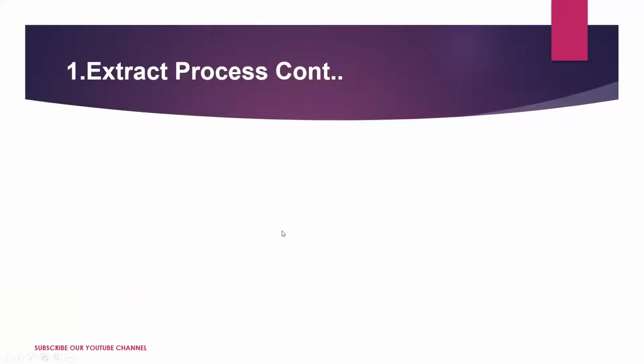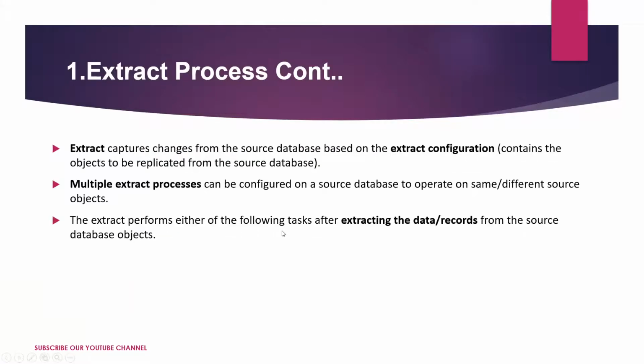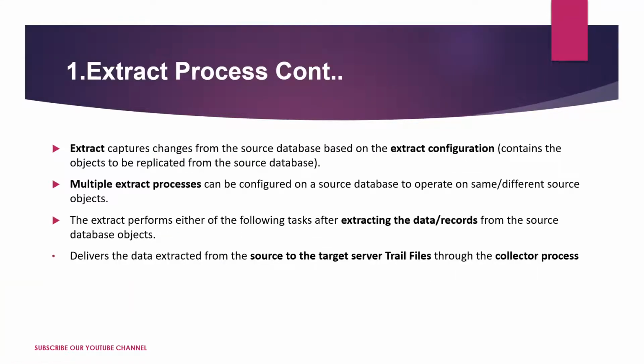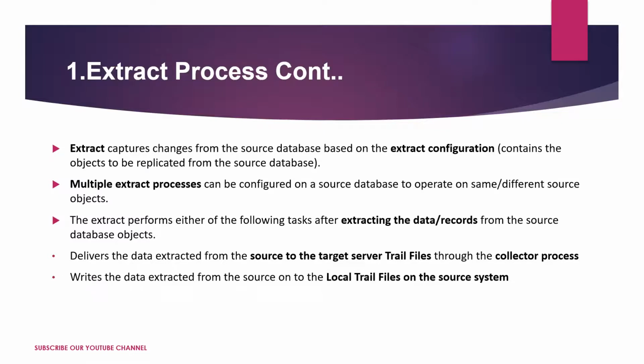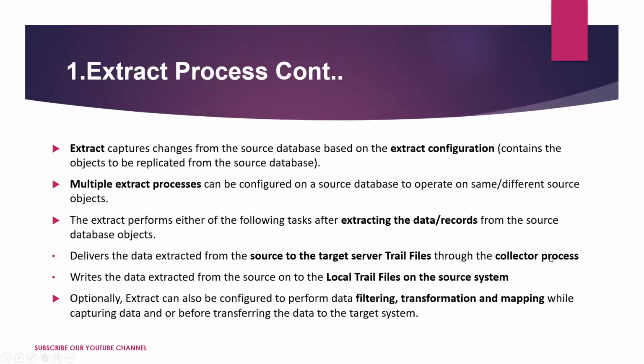Let me zoom this, and maybe you can continue. Extraction of the data happens, and after that it is stored inside the local trail file. So it writes the data extracted from the source to the local trail on the source side, or it can be directly transferred to the target side, where a collector process will be receiving it on the other hand.